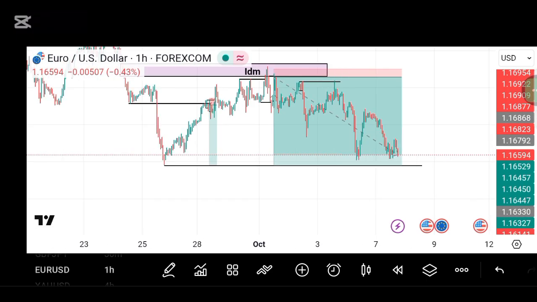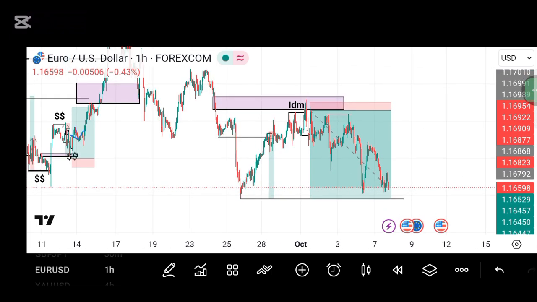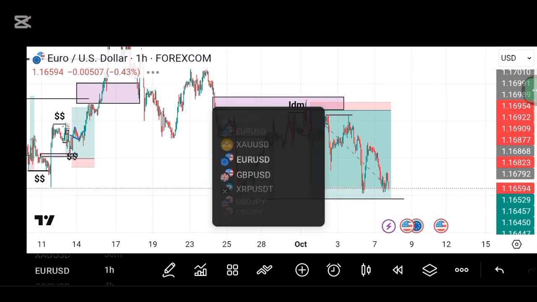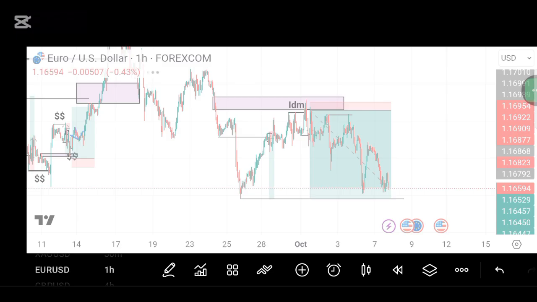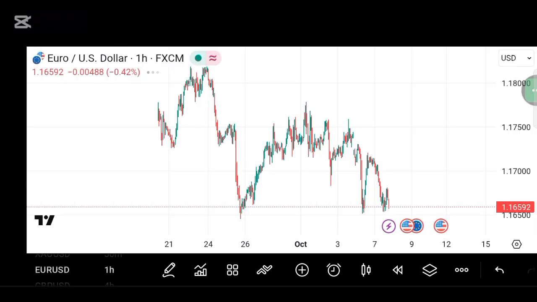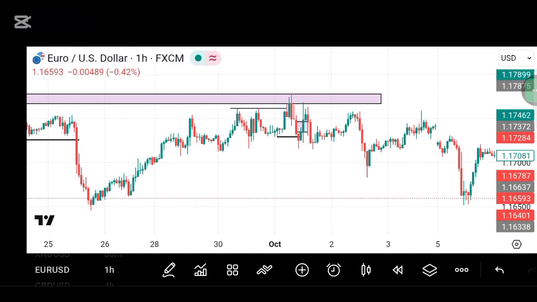So let me go back to the other chart where I did the overall top down analysis on Euro USD. Coming back to this chart, I want to show you where there would have been a very good place for an entry model.